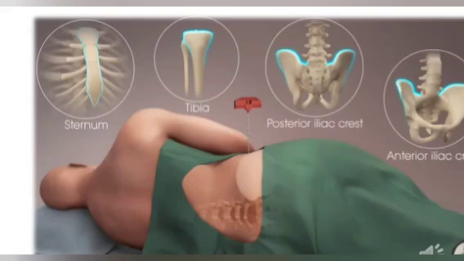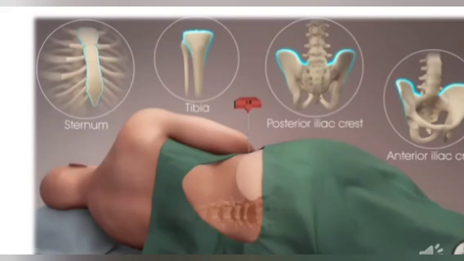These are the two procedures in which in one we take only a liquid form, and in the other we are taking a piece of marrow. And now from where can we obtain this aspirate or biopsy, so we can divide it into two phases.